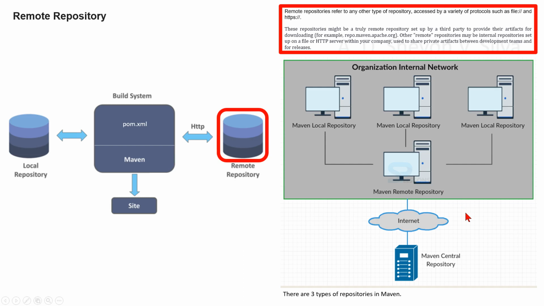Initially, Maven searches in the local repository, then the central repository, and then the remote repositories if given in the POM file.